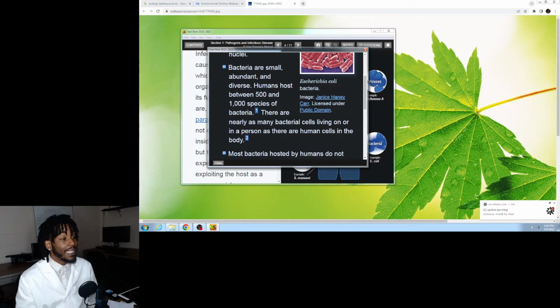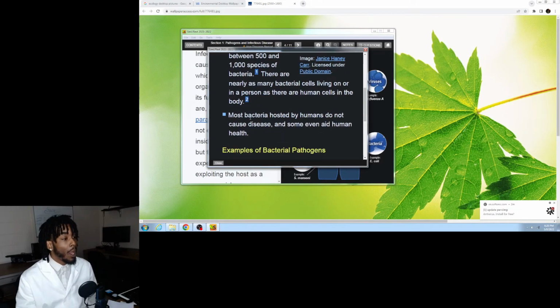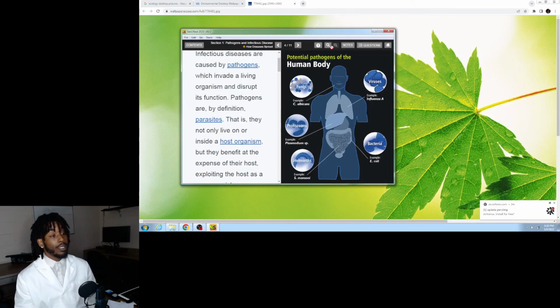Most bacteria hosted by humans do not cause disease, and some even aid human health. Yeah, it really does. Some even do photosynthesis.